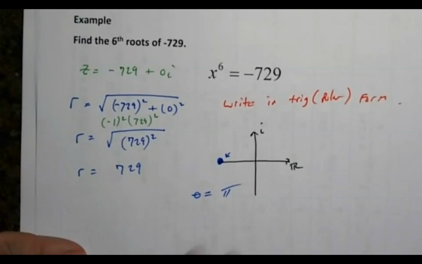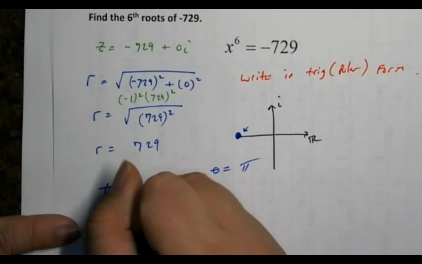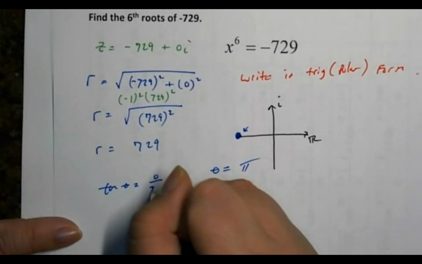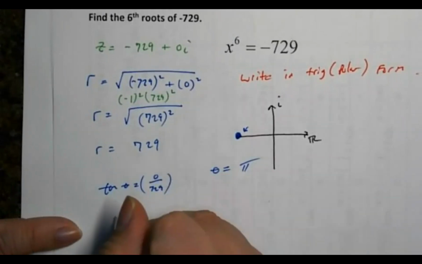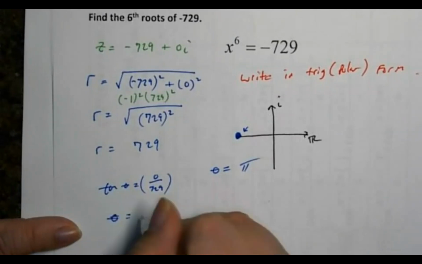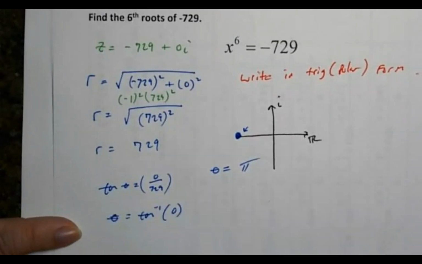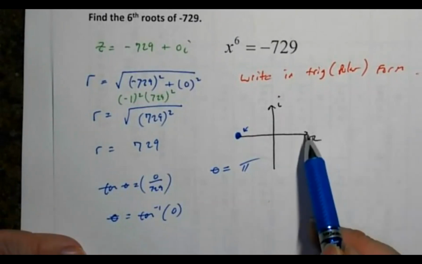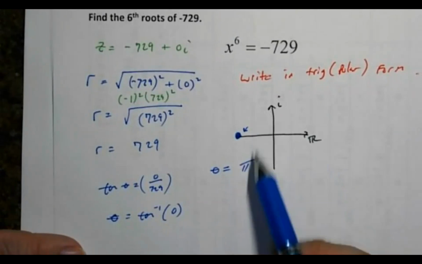So my angle is pi. If I tried to do it the other way, algebraically, I would go tangent theta is equal to 0 over 729, and theta would be arctangent of 0. And that would give you an answer of 0 degrees, and then you'd have to add 180 degrees, and that would give you pi, because it's on this side, between quadrants 2 and 3.